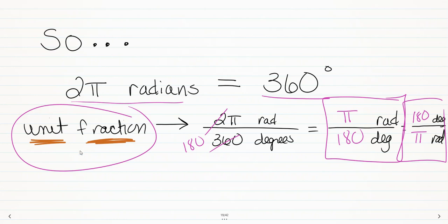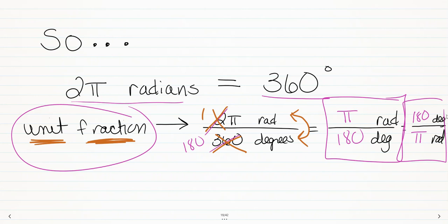To get a better unit fraction from the 2 pi over 360, I'm going to simply reduce by 2. 2 divided by 2 is 1. 360 divided by 2 is 180. So I'd get pi over 180, radians to degrees. That would be the same if I flipped that. I could put the degrees on top and the radians on the bottom.